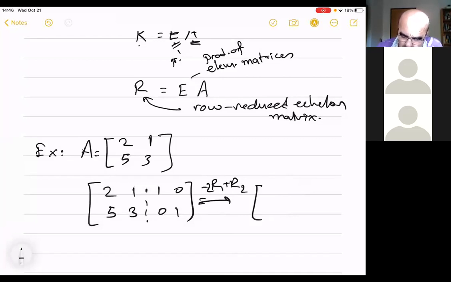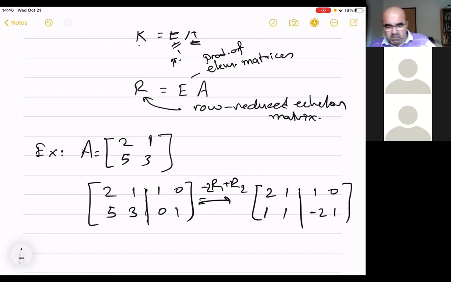Then you have 2, 1, 1, 0. When you multiply by -2 and add it here, you get 1, 1, -2, 1.